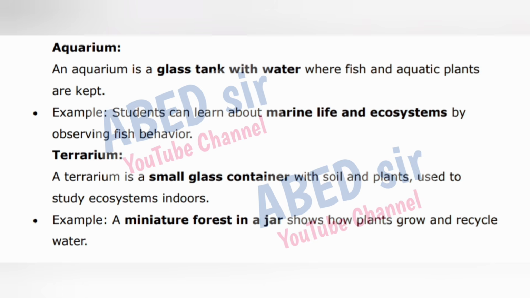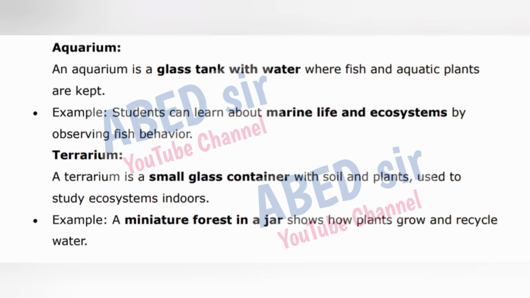Aquarium. An aquarium is a glass tank with water where fish and aquatic plants are kept. Example: students can learn about marine life and ecosystems by observing fish behavior. Terrarium. A terrarium is a small glass container with soil and plants used to study ecosystems indoors.